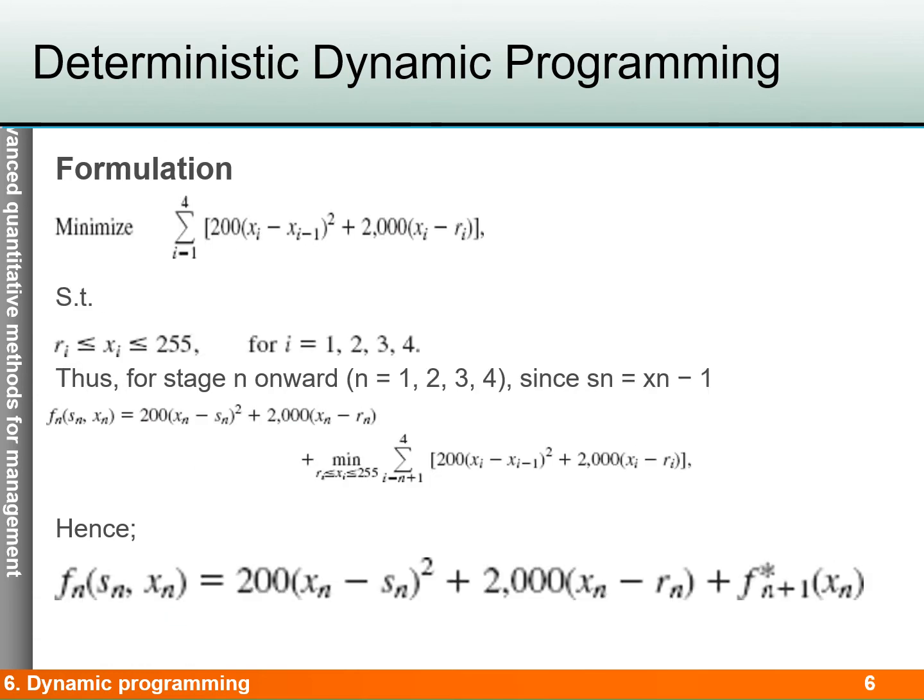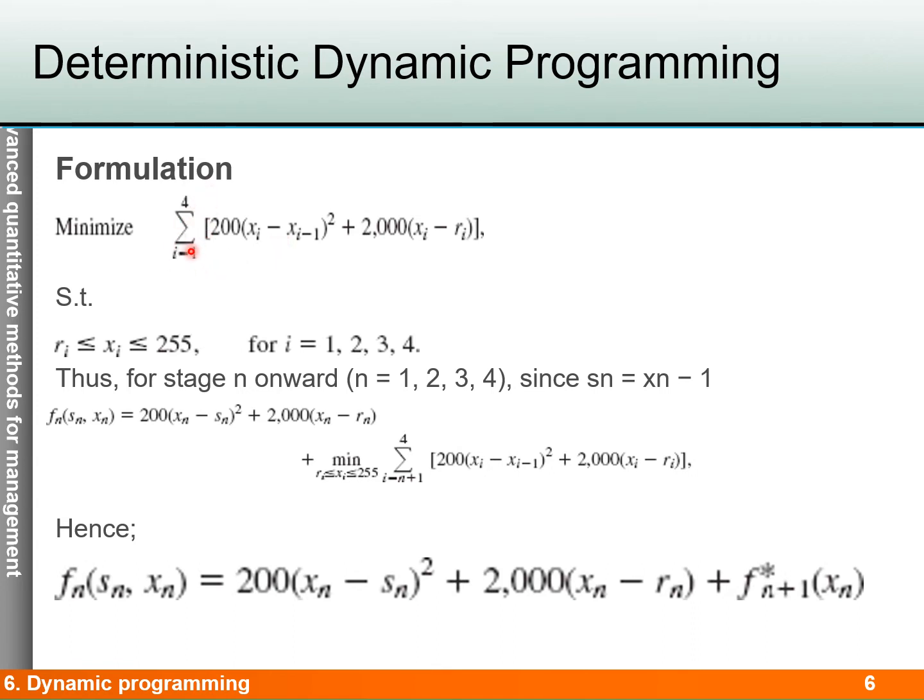So to complete the formulation of this example, as we discussed before, our aim is minimizing this cost: 200 multiplied by xi minus xi minus 1 squared plus 2000 multiplied by xi minus ri. Now, ri is the minimum, and these are the two consecutive periods.